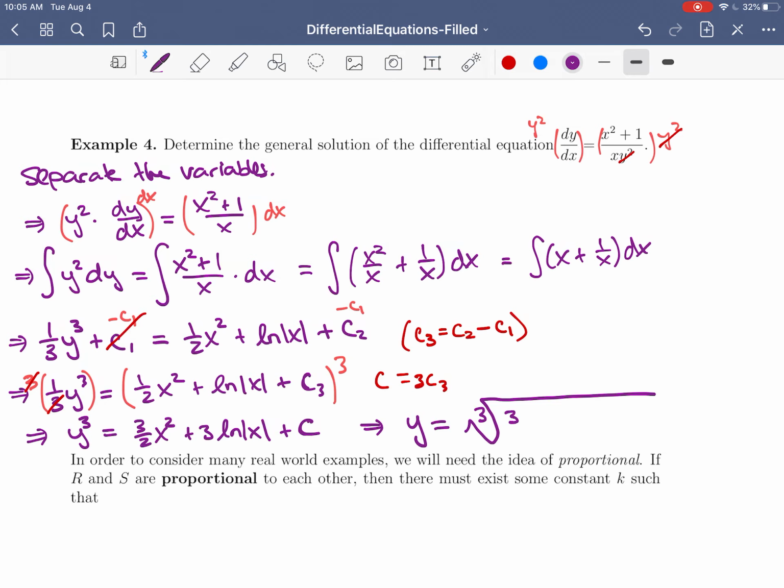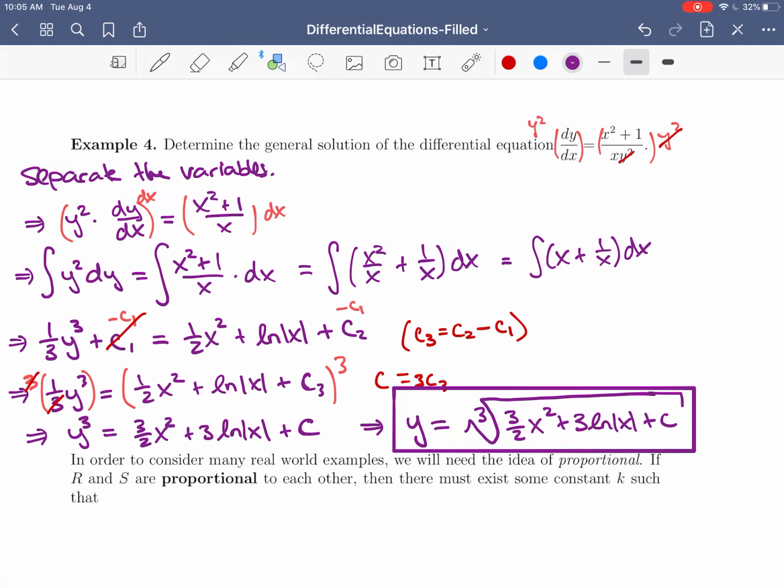It's this whole thing cube rooted. So the C has to be in the cube root. This would be my general solution here. So I have y equals some function of x. You're not always able to solve for y, but here we could, so we should.